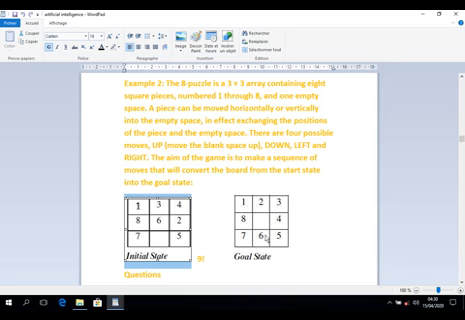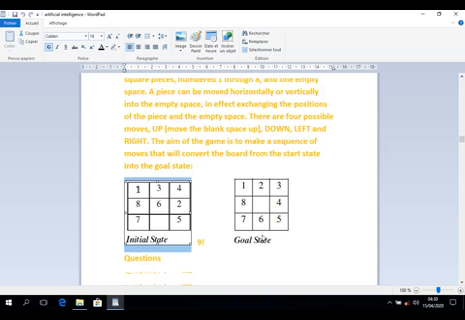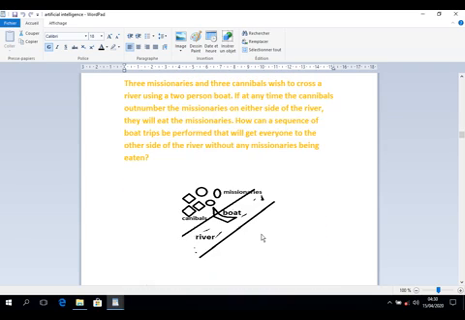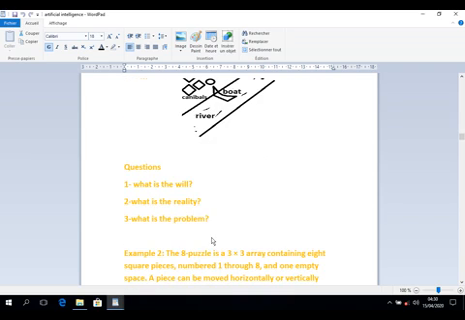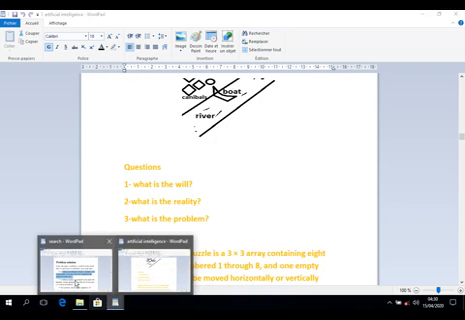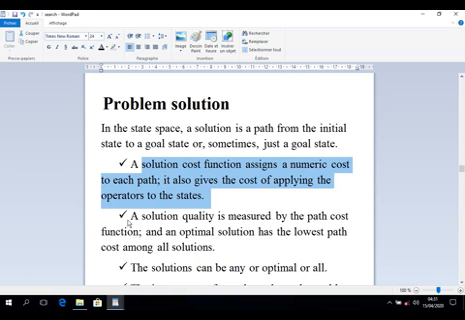A solution cost function assigns a metric cost to each path. It also gives the cost of applying the operators to the state. So when you have a solution, you can then calculate the cost of that solution.